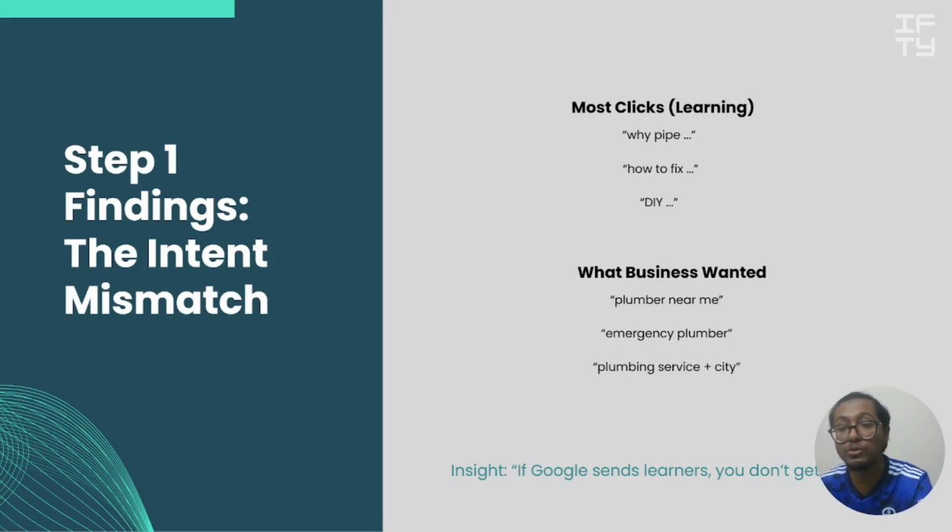They are not going to call a plumber today, no chance. What that business needed was traffic from searches like plumber near me, emergency plumber, plumbing service, plus your location. So technically the SEO wasn't failing, it was just attracting the wrong stage of buyer. And if Google sends you learners, you don't get buyers.